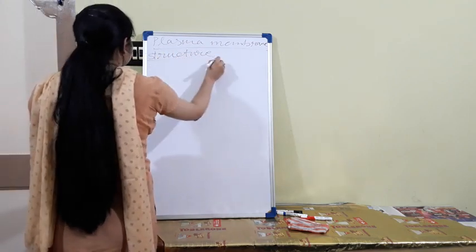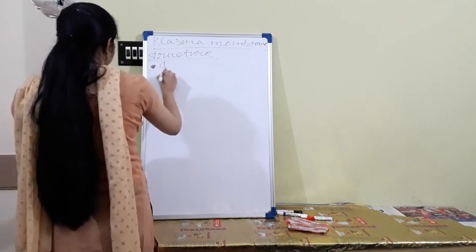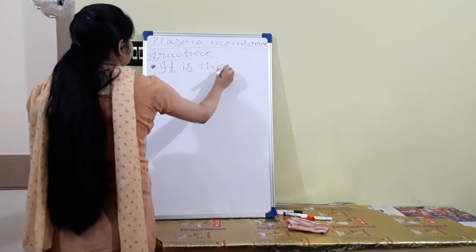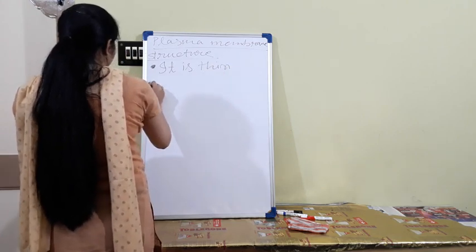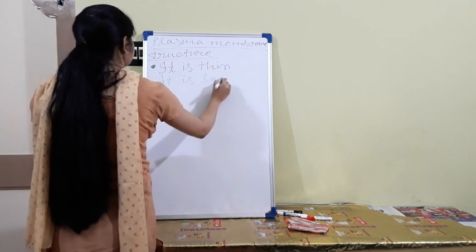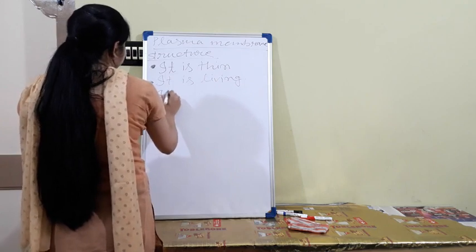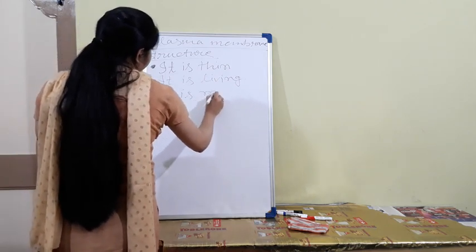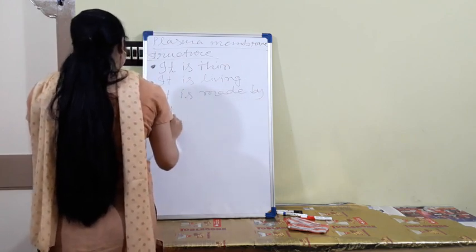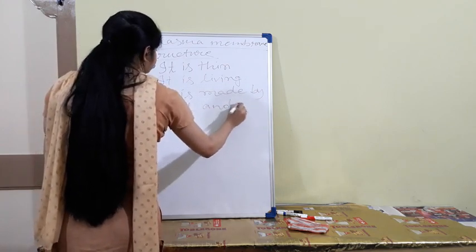What is the structure of the plasma membrane? It is thin, very delicate. Second, it is living. Another one, it is made of lipid and protein.